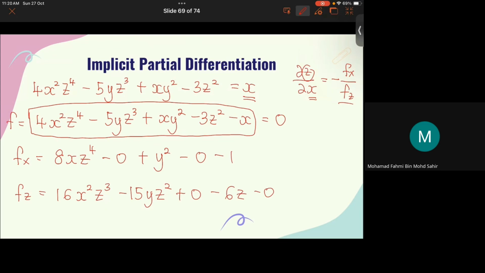Just ignore this part. So you got the fx, you got the fz. Now just put them together. Let me read first how to put them together.